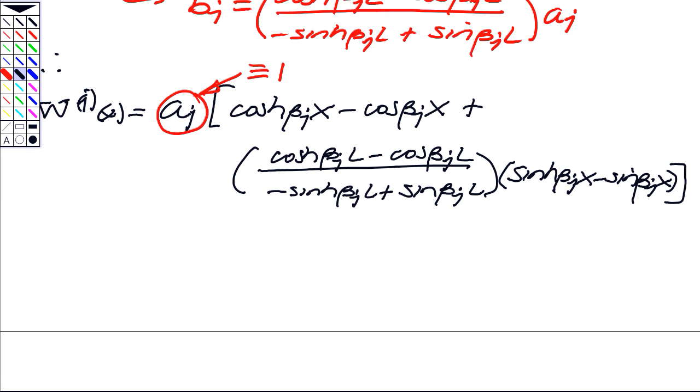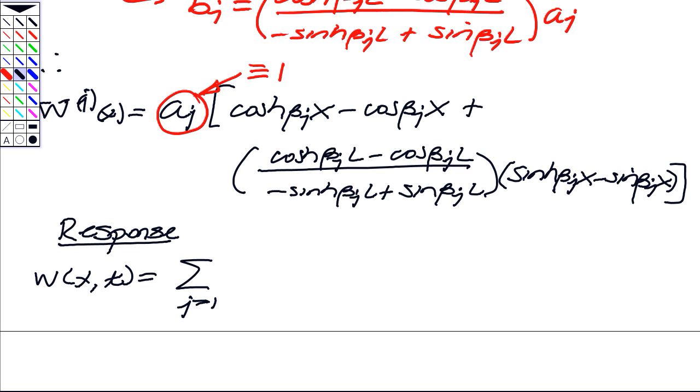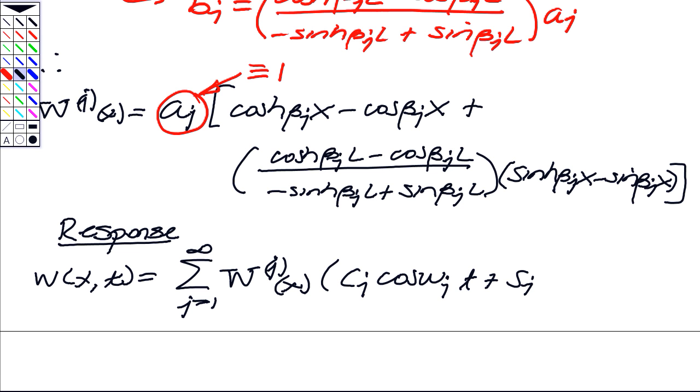In the end, our response W as a function of both x and t will be the linear combination of all of our modal functions times Cj cosine omega j t plus Sj sine omega j t.